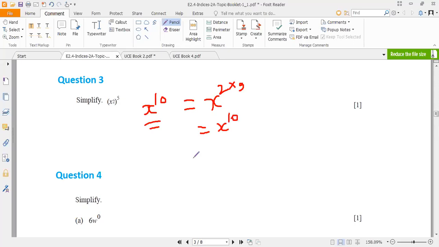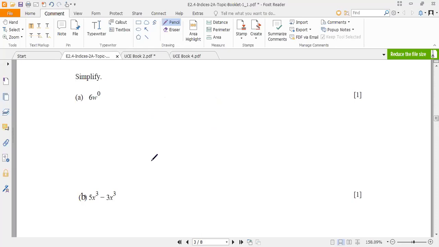Okay. So let's look at this one. What does this one mean, Tobisi? It means that the answer is 1.